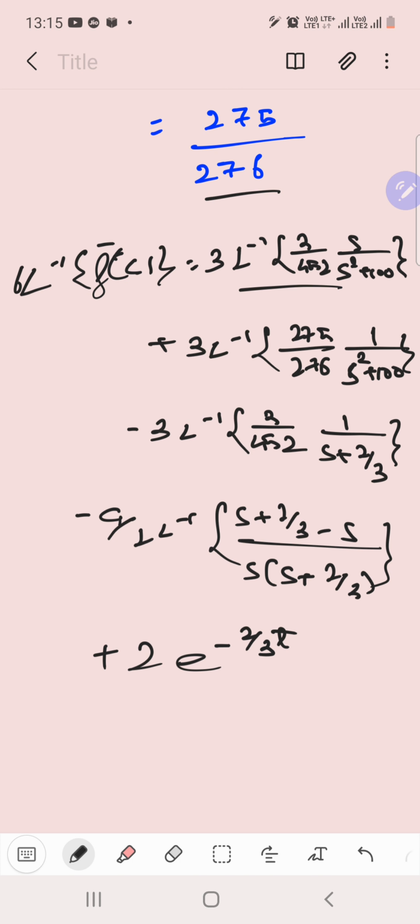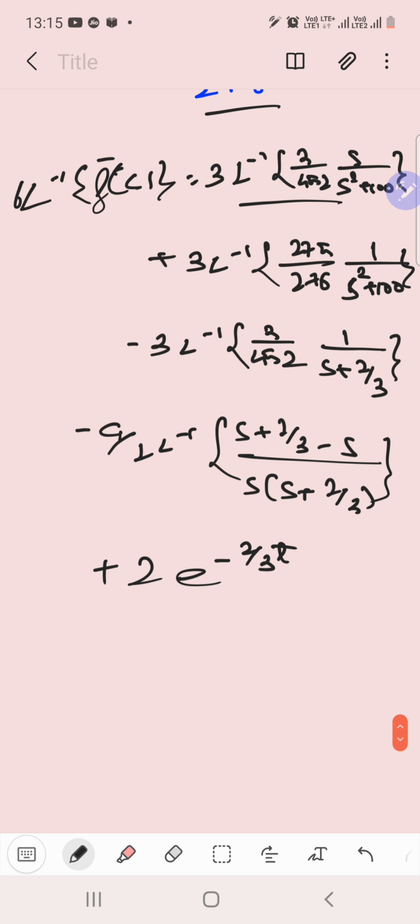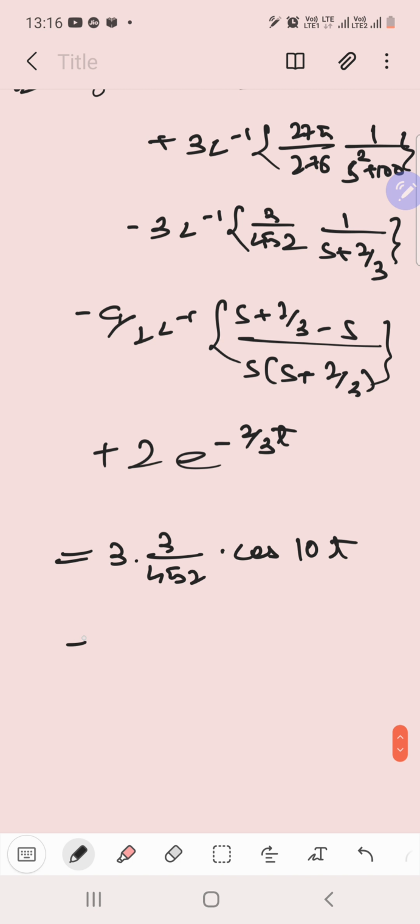Okay, what does this portion become? So s over s square plus 100 will give you the cos part. So this becomes 3 times 3 over 452 times cos of 10t. Clear? Plus you have 3 times, s square plus 100, so you will have 275 over 276 times 1 over 10 sin 10t.